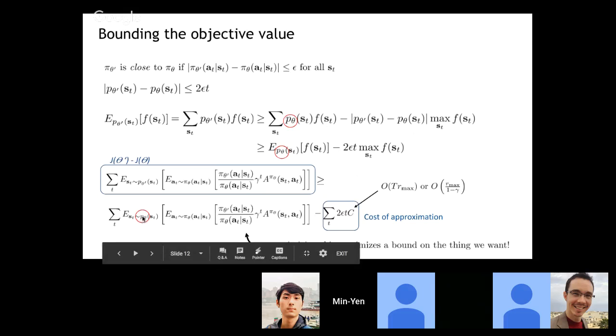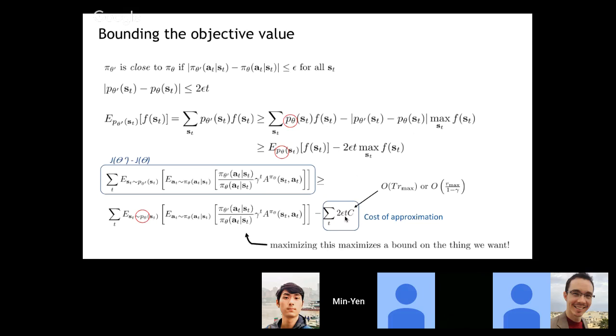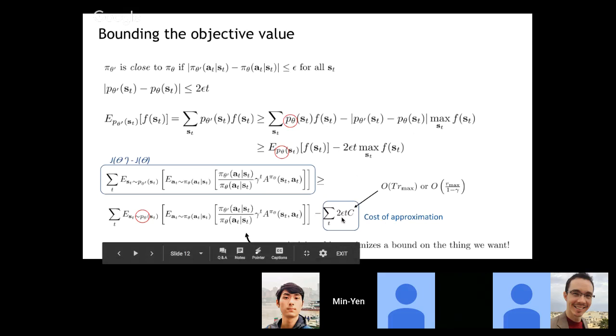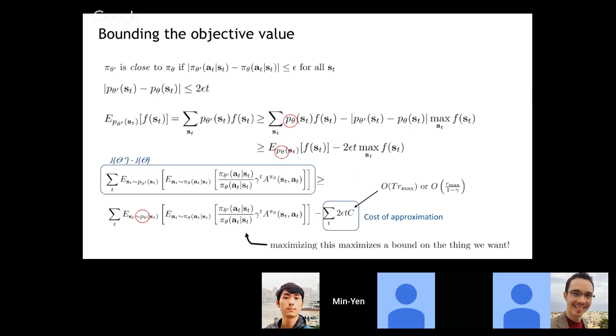So if you want to use theta, this is the cost of approximating. That means the cost of using theta instead of theta prime in terms of the objective function or the expectation. And for this so-called cost of approximation, it's 2 times epsilon times some constant, and this constant we can explain as being on the order of capital T times Rmax, where Rmax is the largest reward you can get, assuming T is a finite number.